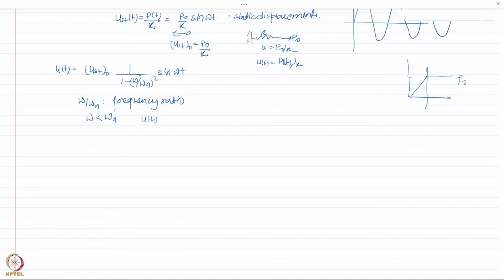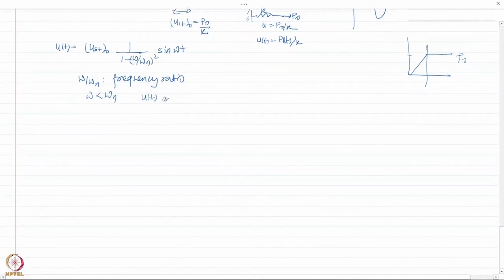So u(t) and p(t) are of the same sign, and basically it means that they are in phase.